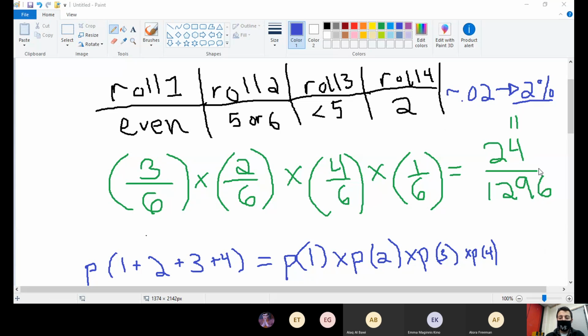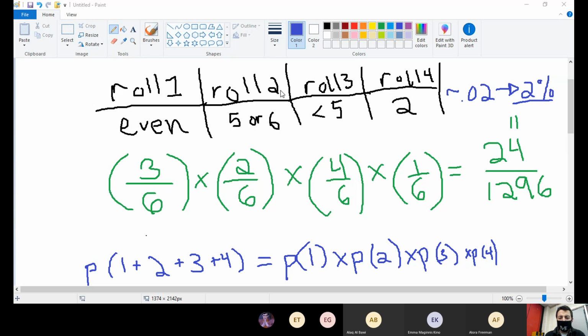All right, can I get a hand raise if we are following along, if we at least understand how to use the multiplication rule? Go ahead and unraise your hands.